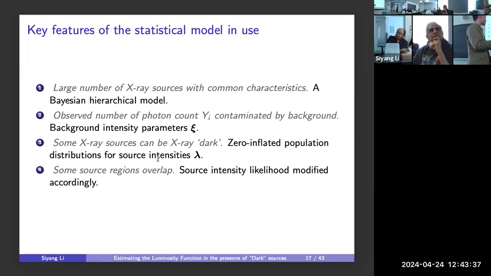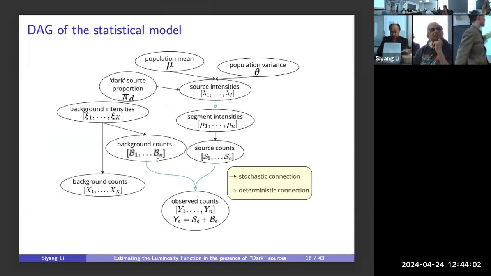We have a vector of background contamination parameters, and we have a population of zero inflated distributions for the source intensity parameters, and we have also modified our likelihood so that we consider the overlaps in the source regions. And here is a Bayesian DAG that summarizes the model.